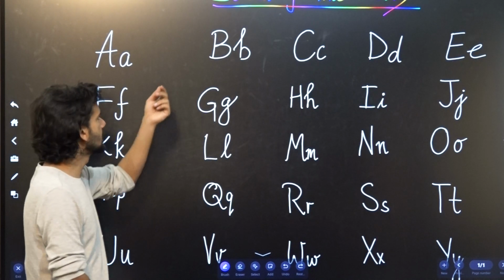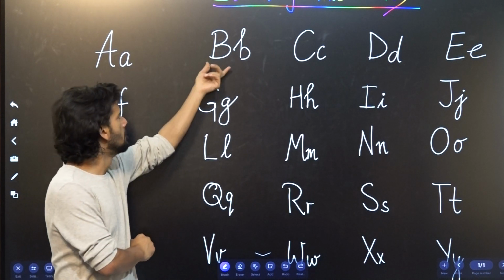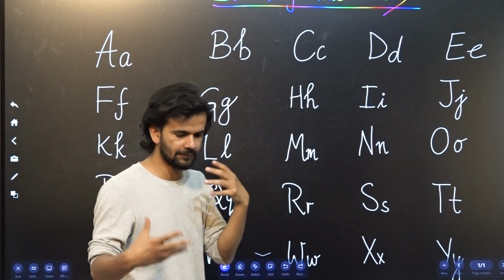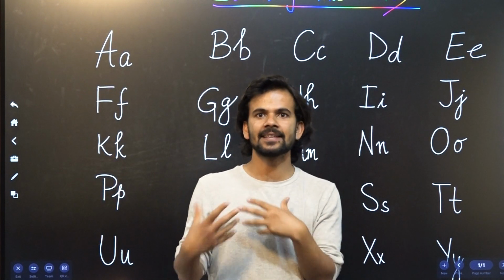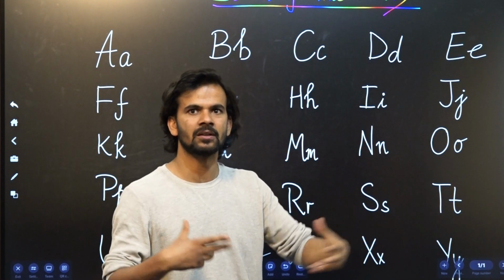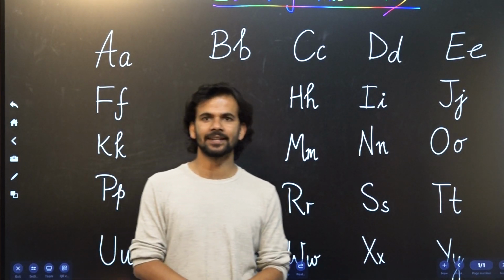Let's have a look at this one. B. So, you can find some funny, engaging way to really make them excited about learning the sounds. You can say b, b, b, something like that, right?